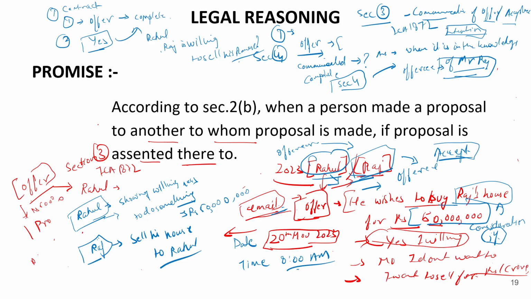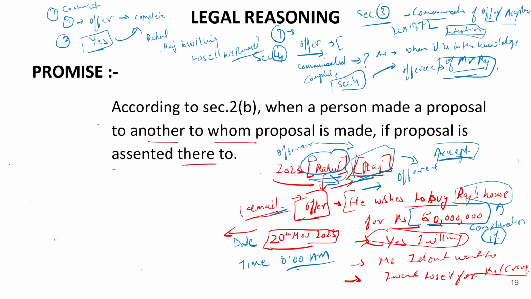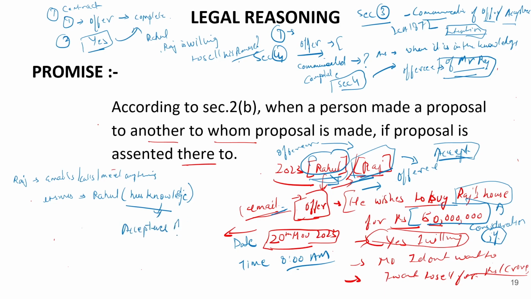The answer is, once the communication is made, in this case Raj emails or calls, or meets, anything which ensures that Rahul has the knowledge of acceptance of the offer made.